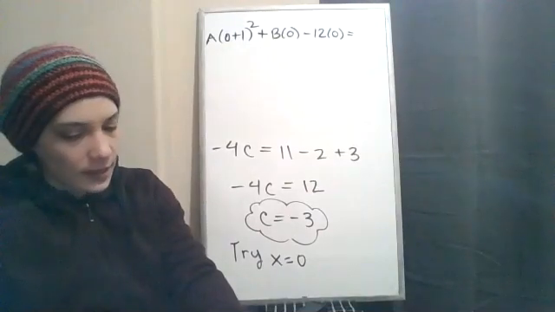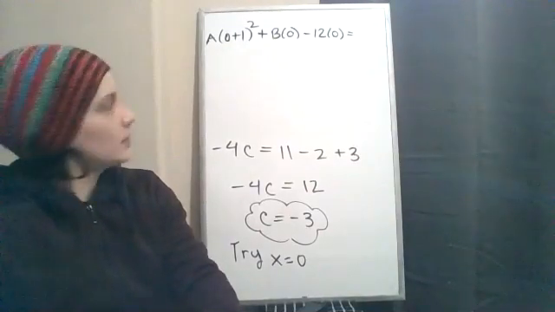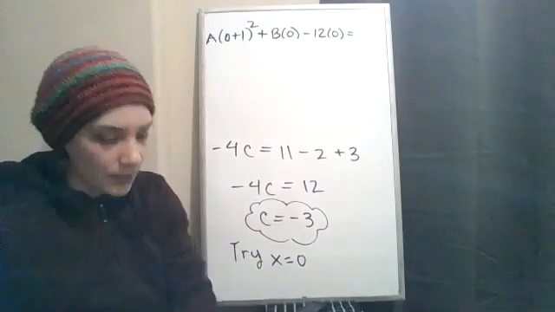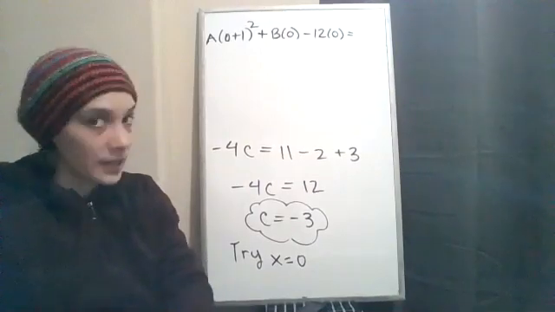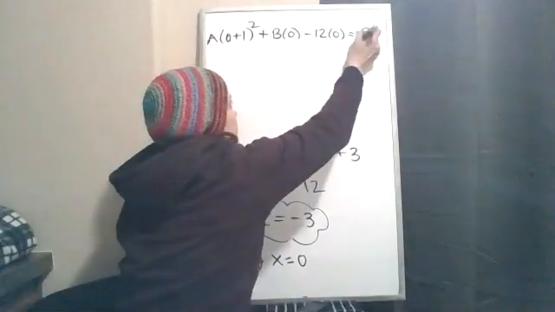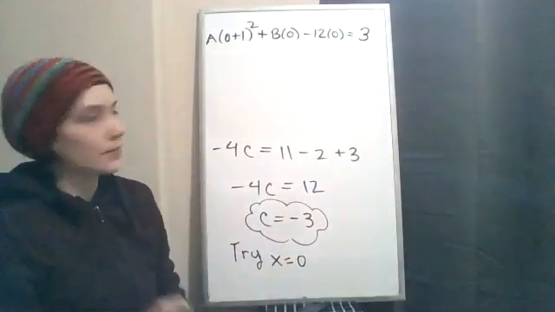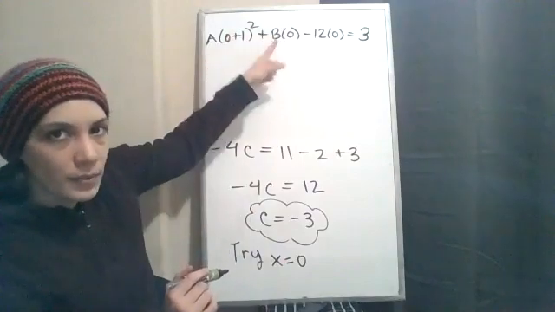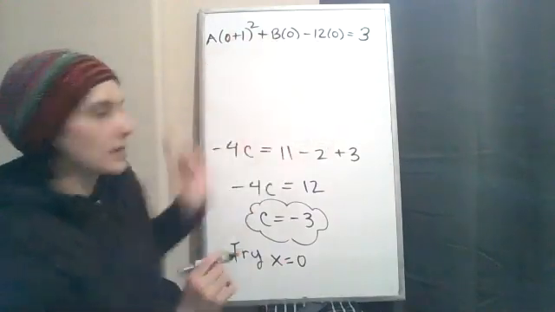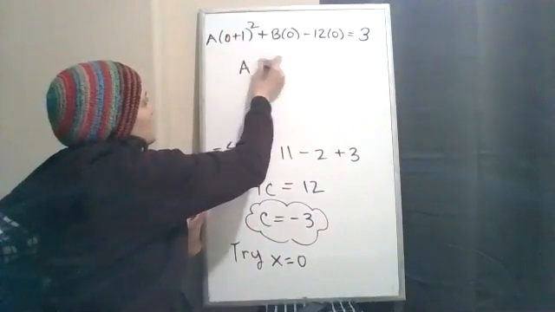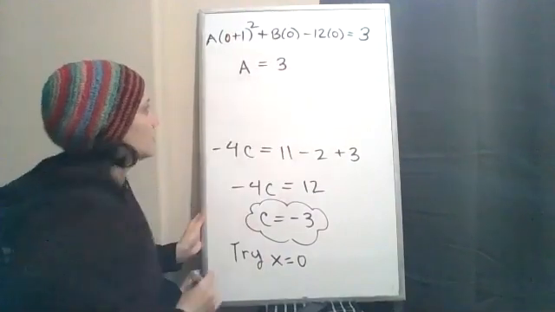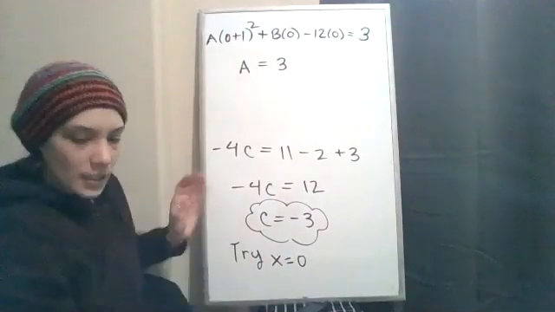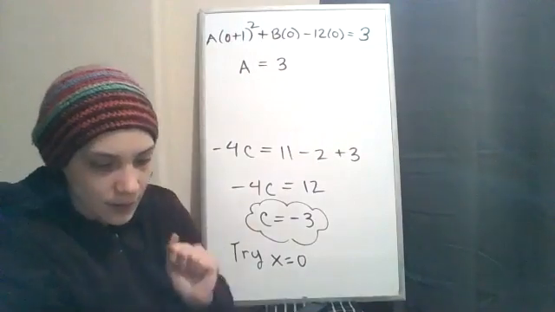And minus 12 times 0, equal to 11 times 0 plus 2 times 0 plus 3. And that's going to be a plus 0 equal to 3. Make sure that's good. Cool.